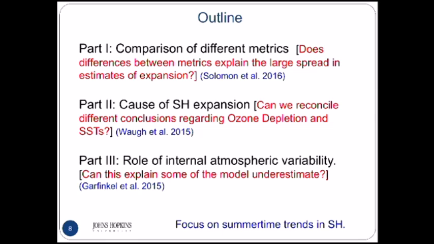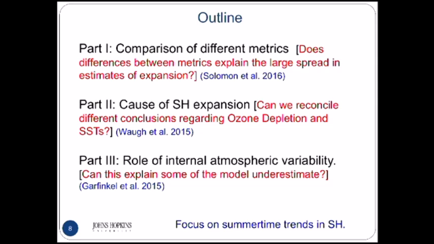There are lots of comparisons out there. The IPCC shows a comparison. There are probably six different papers already that compare different calculations of expansion rates. But most of them have compared different people applying different metrics to different data sets. So you see differences, and it's not clear whether it's because the metrics are different or because the data sets are different.